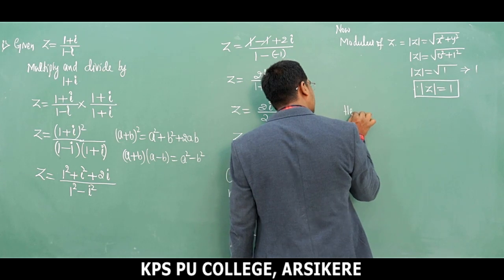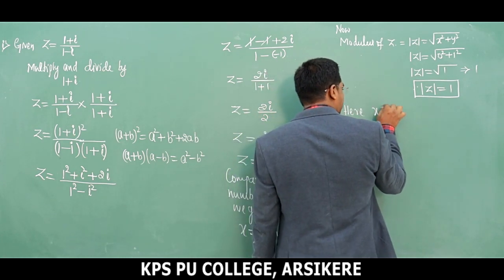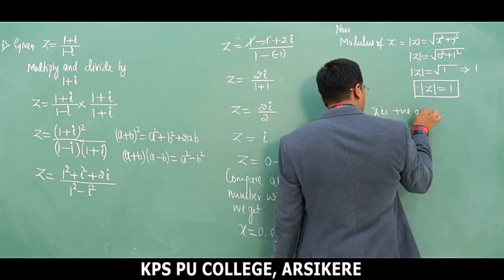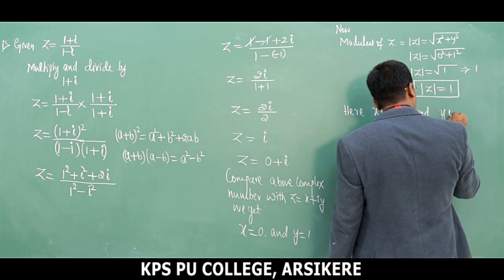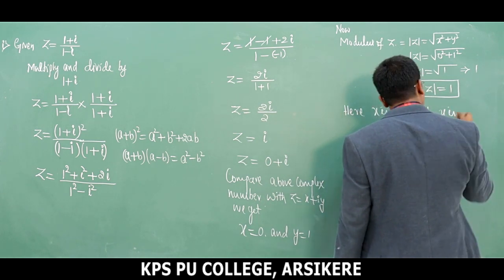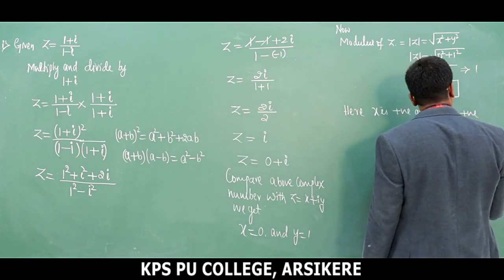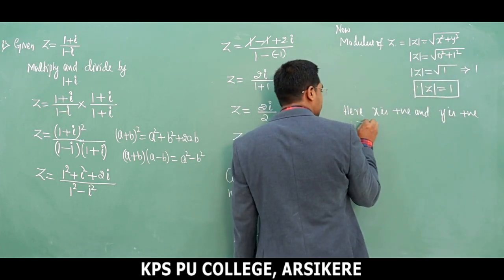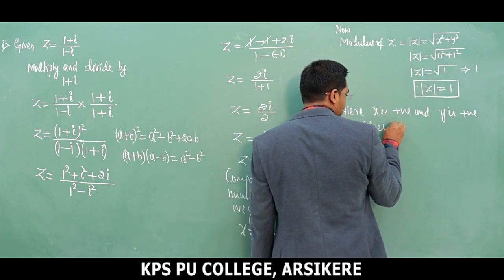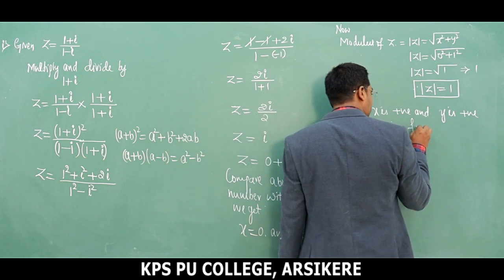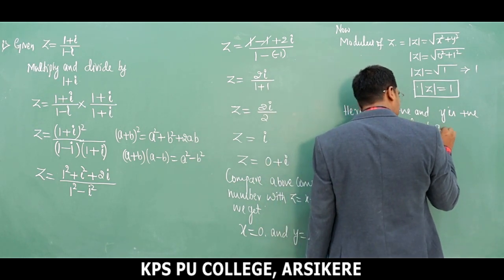Here x is positive and y is positive. Therefore z lies in the first quadrant.